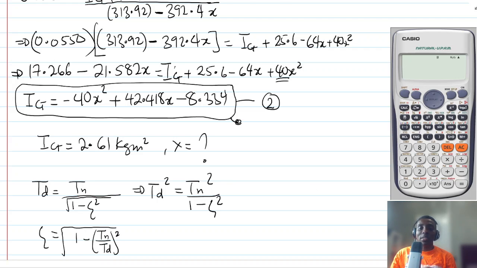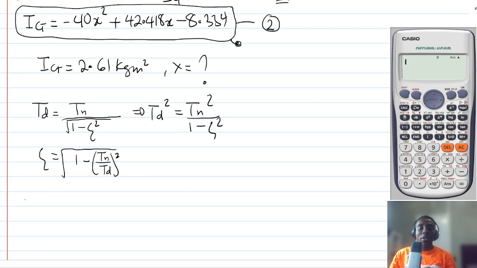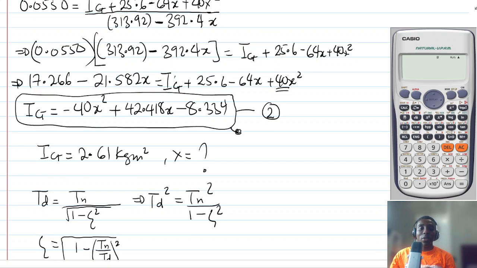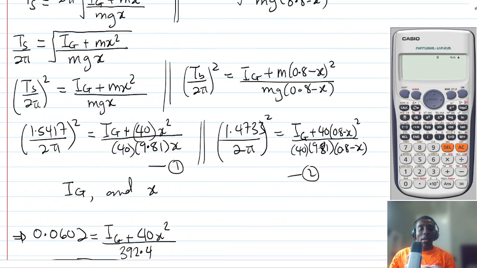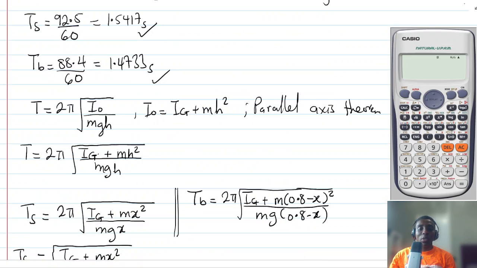Now, the damped period is the period that you get from the damped frequency, and in other words, we have already calculated that. You see that we got 92.5 divided by 60.